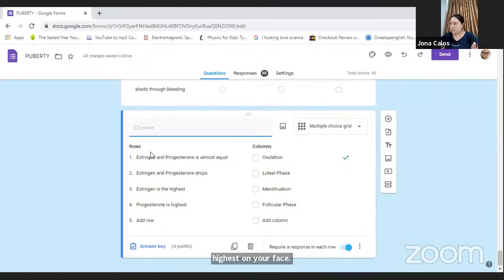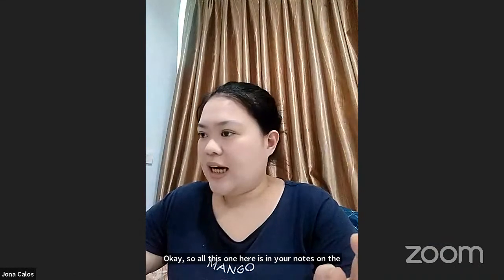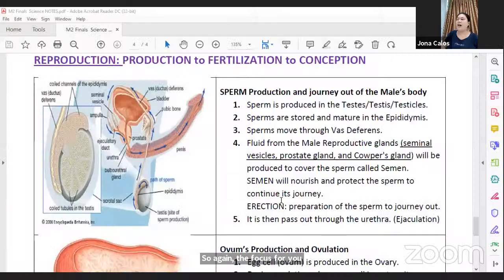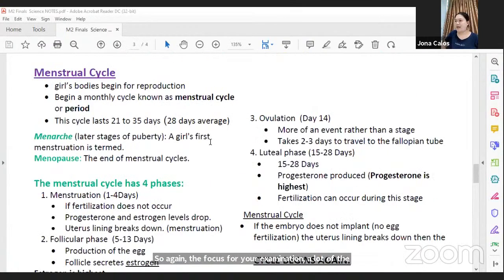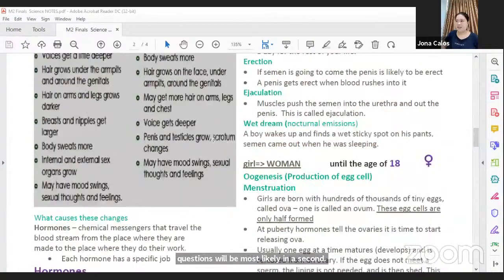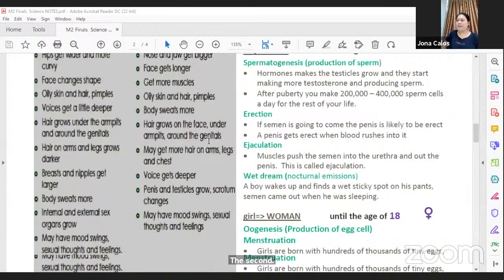Okay, so all this one here is in your notes on the menstrual cycle. Okay. So again, the focus for your examination, or a lot of the questions, will be most likely in the second and third page.